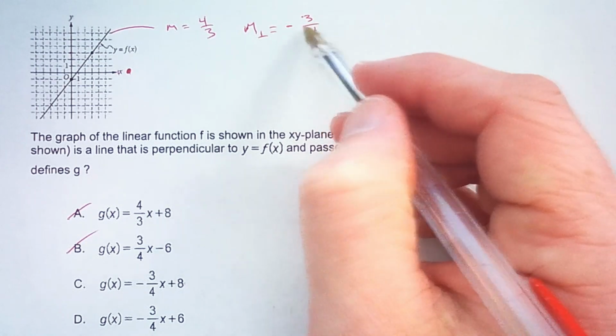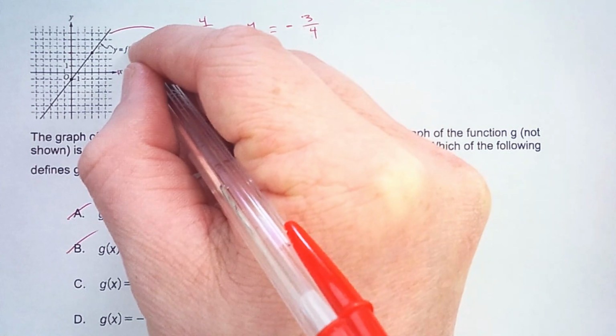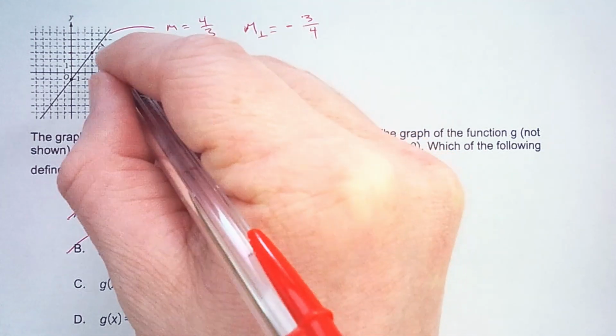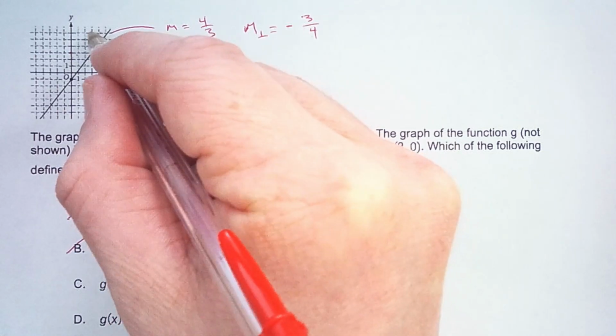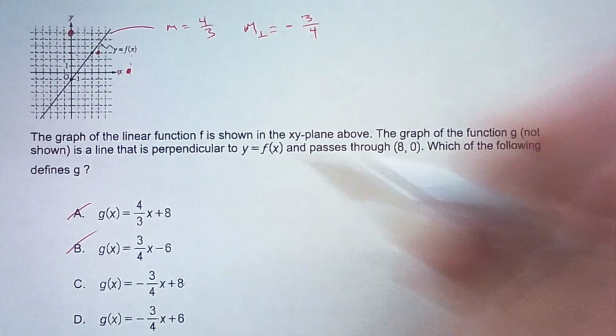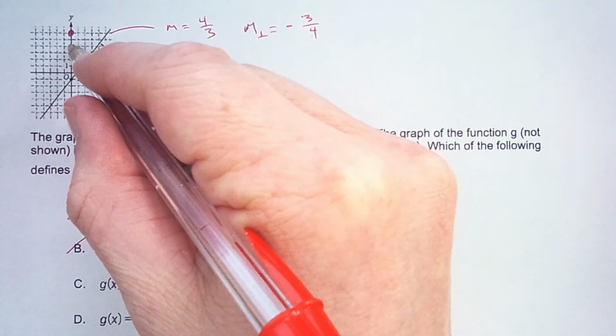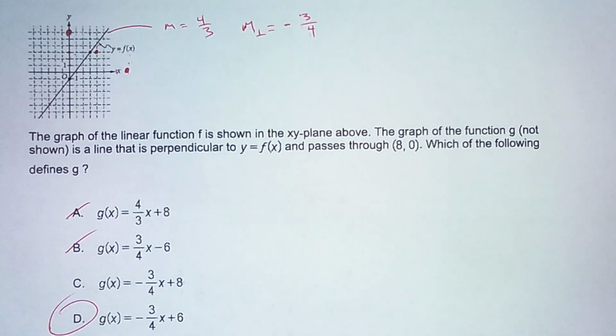So let's go up 3, left 4. Up 3, left 4 again puts me right here, and this is my y-intercept. 1, 2, 3, 4, 5, 6. So the y-intercept is 6. Option D is correct.